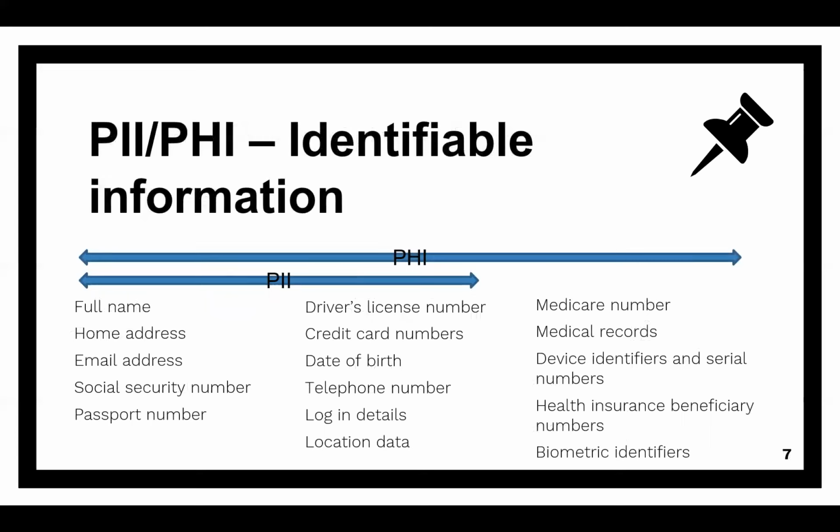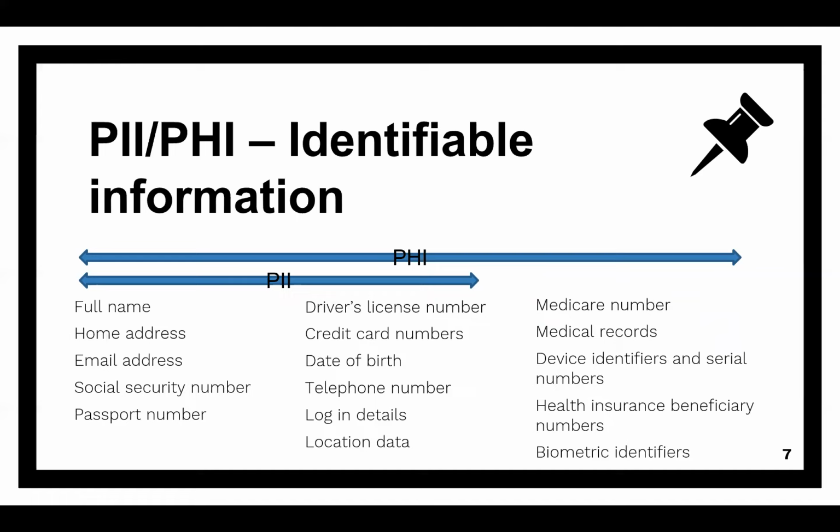If we want to talk a little bit about two main types of personal data that are really important for a lot of organizations, they are PII and PHI. PII is personally identifiable information. PHI is protected health information.